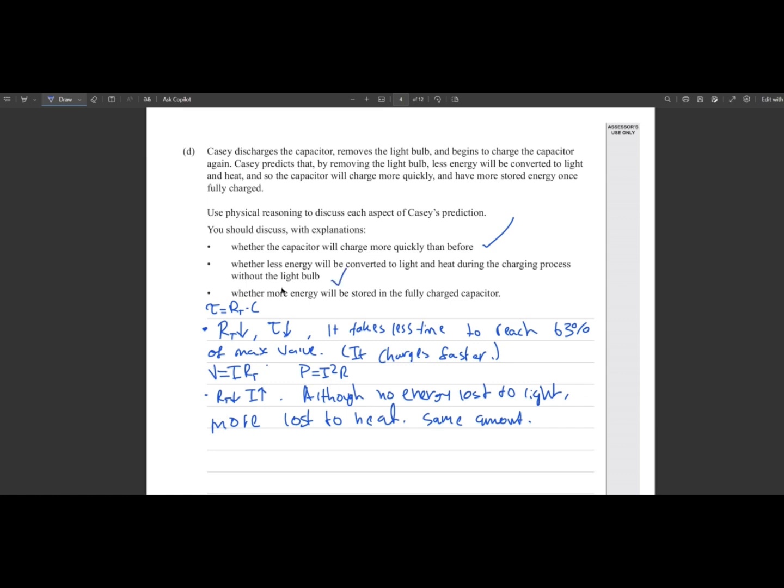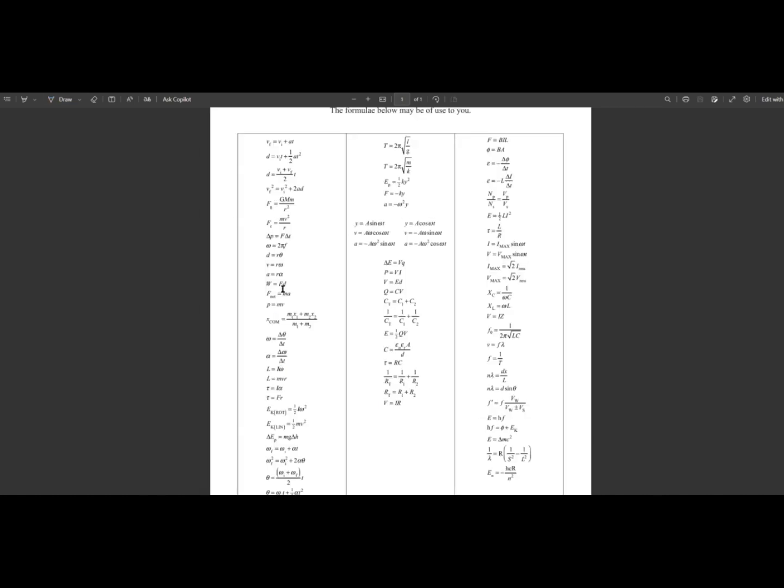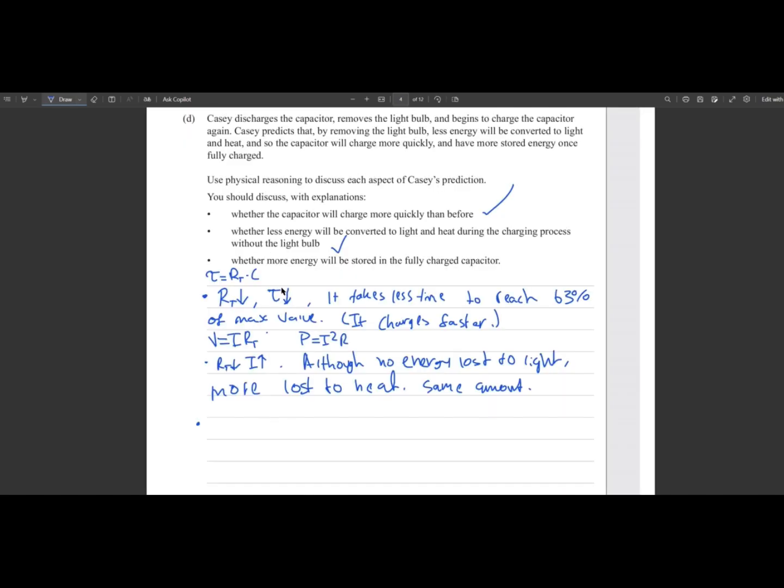Okay, and whether more energy will be stored in the fully charged capacitor. If we go back to our default equation, we know that E equals half QV, right? So energy stored is always 1/2 of what is supplied.